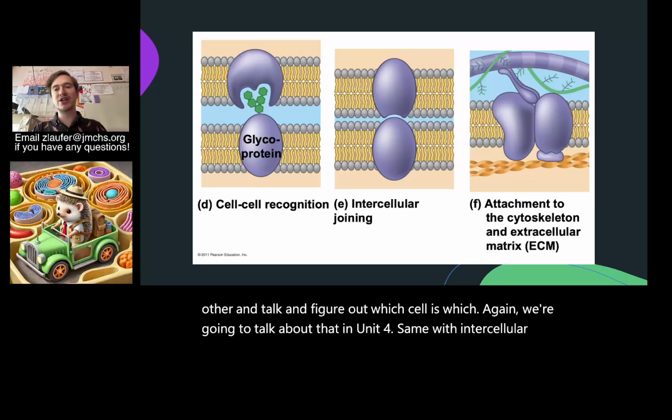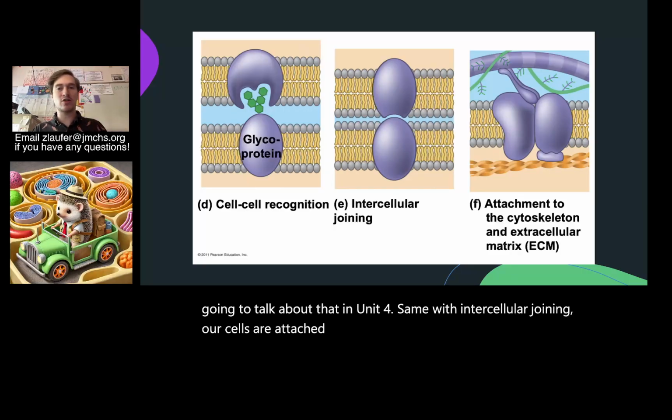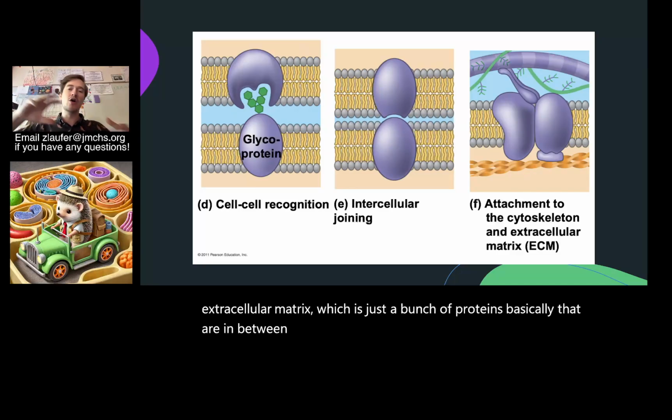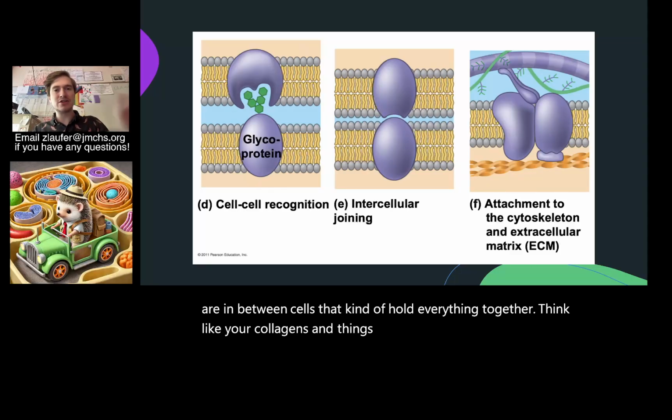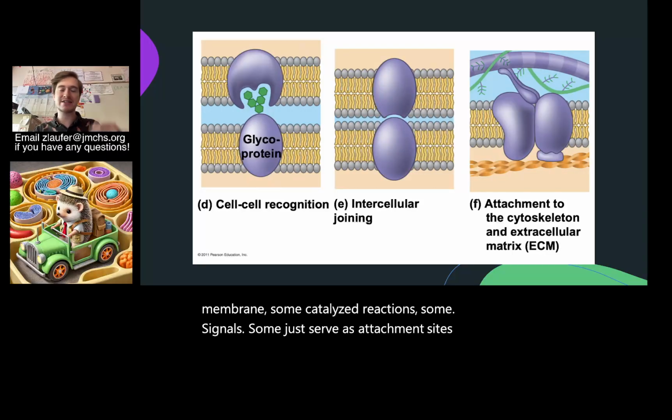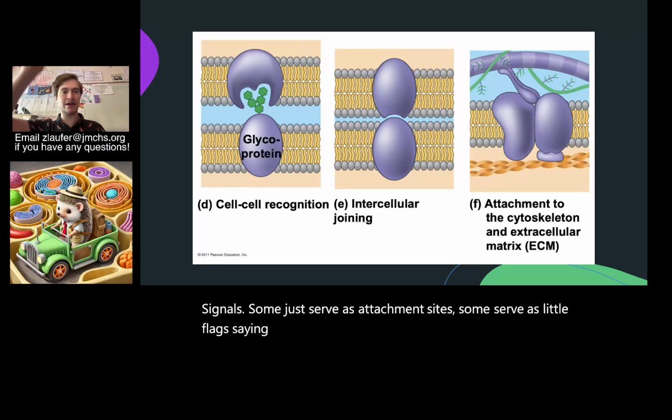Our cells are attached together, and also to this thing called the extracellular matrix, which is just a bunch of proteins basically that are in between cells that kind of hold everything together. Think like your collagens and things like that. So lots of proteins in the membrane. Some catalyze reactions, some transmit signals, some just serve as attachment sites, some serve as little flags saying, hey, I'm a blood cell, or hey, I'm a muscle cell.